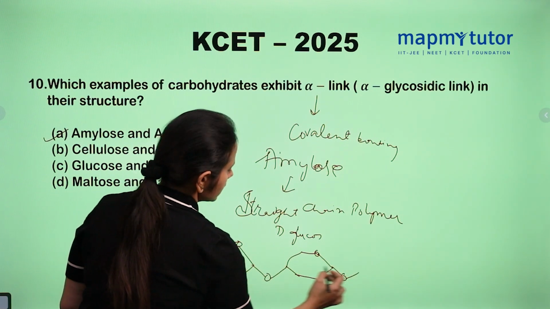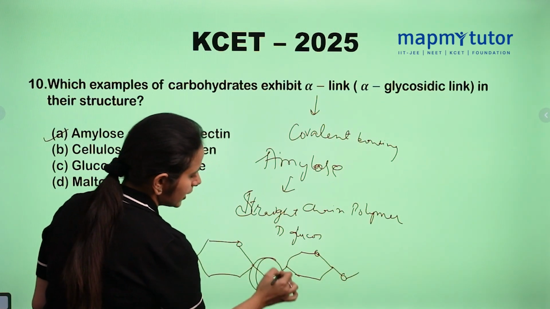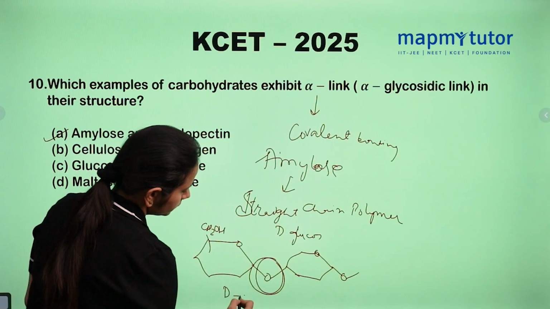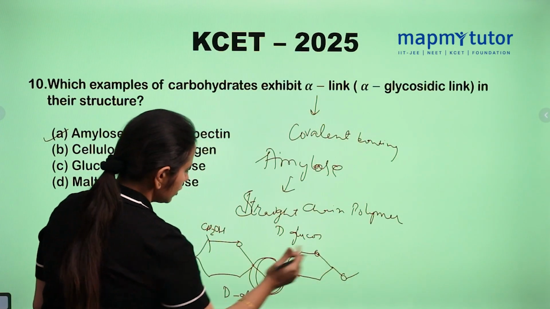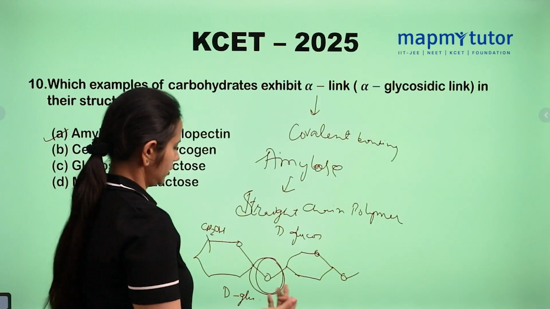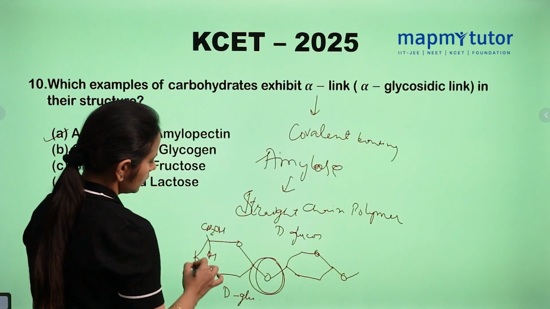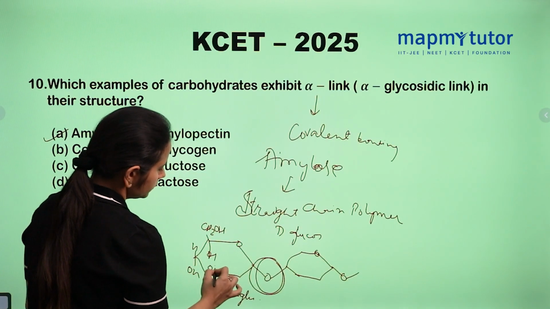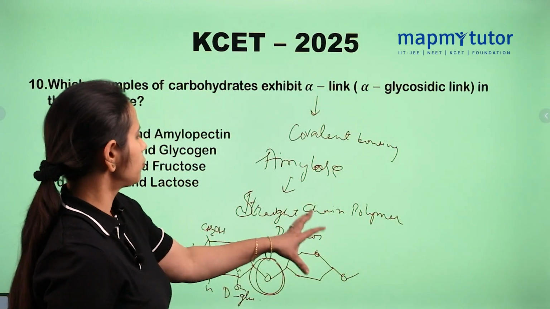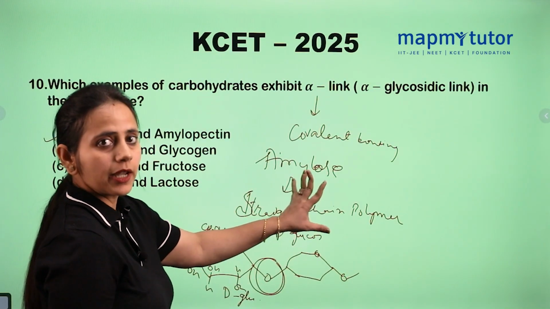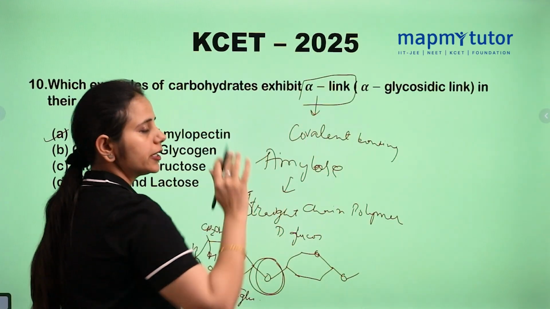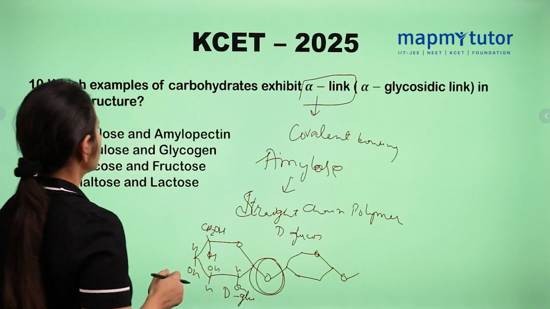This is the alpha D-glucose. As a straight chain, this is known as amylose. If this is a branched chain structure, then it is known as amylopectin. When the straight chain polymer occurs, it is amylose, and in case of a branched chain, it is amylopectin. This contains alpha linkage, which is a type of covalent bonding.